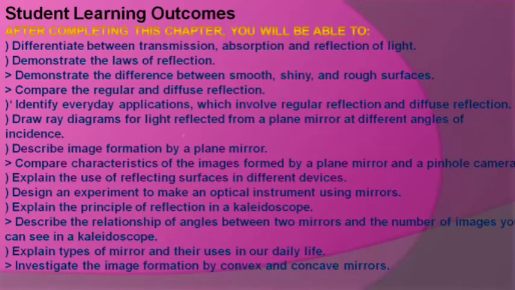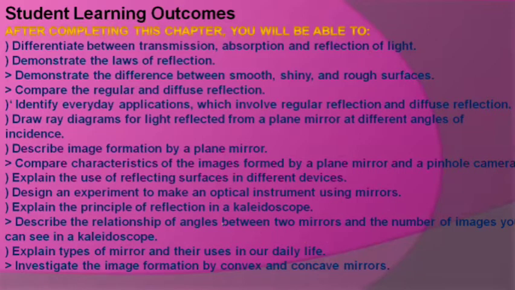Then we'll see about some reflecting surfaces like microscope and reflecting telescope. We'll see some instruments using these mirrors, and then we will talk about a very important and interesting activity, that is about the kaleidoscope. We will see the relationship of angles between two mirrors and number of images.